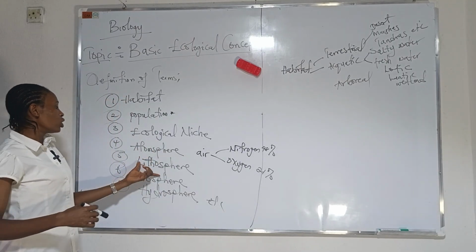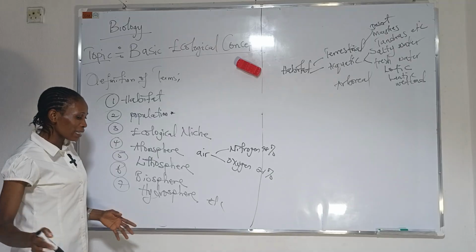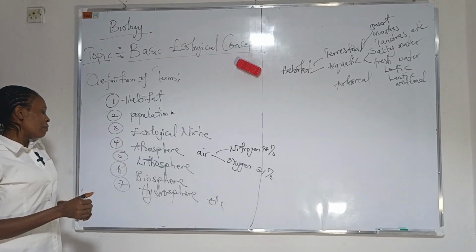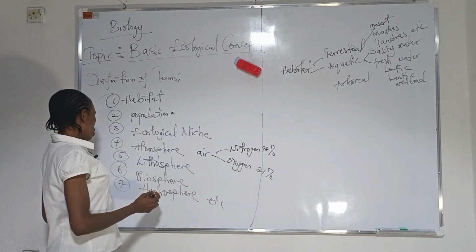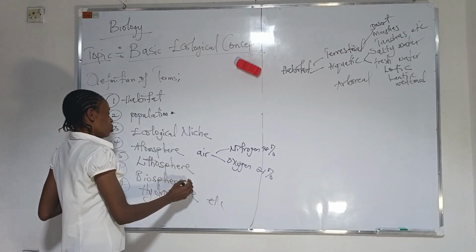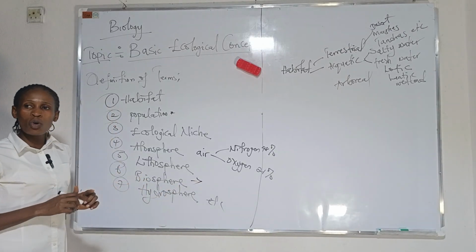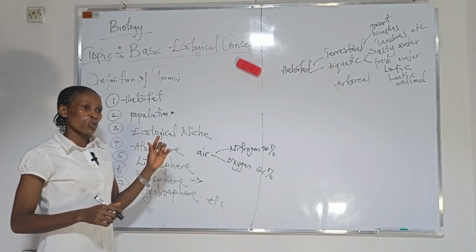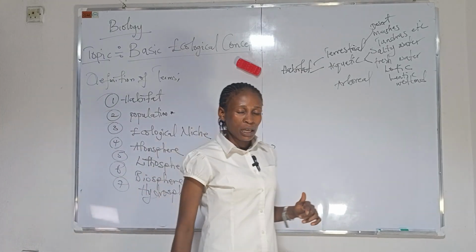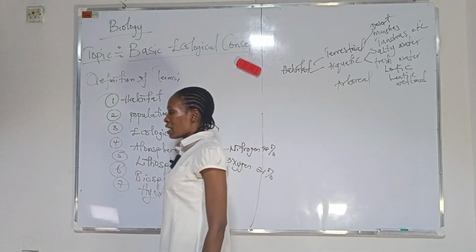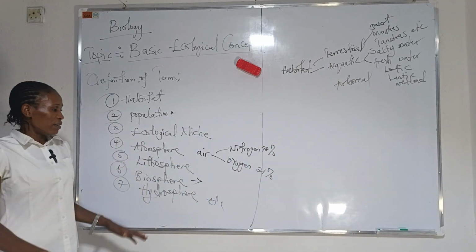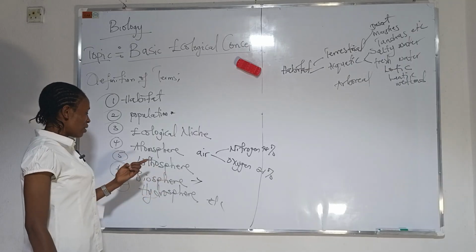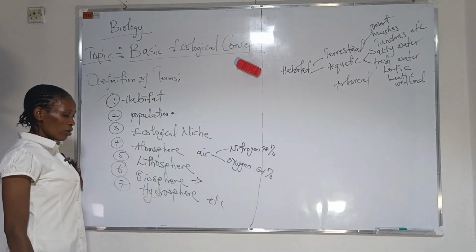That is the lithosphere, the solid part. Then I am going over to the sixth one, which is biosphere. When you hear bio, your mind should go straight to life. We are talking about the living organisms, living things in that very environment.